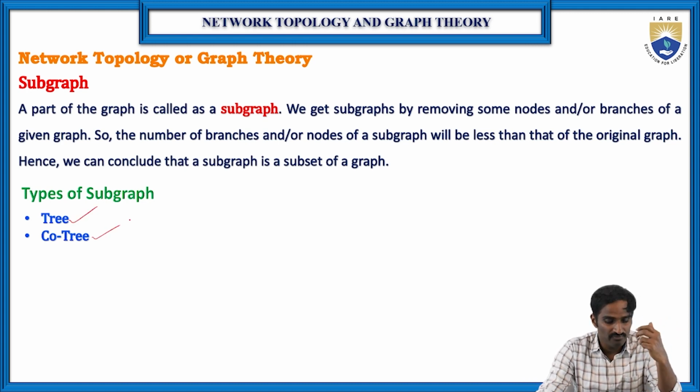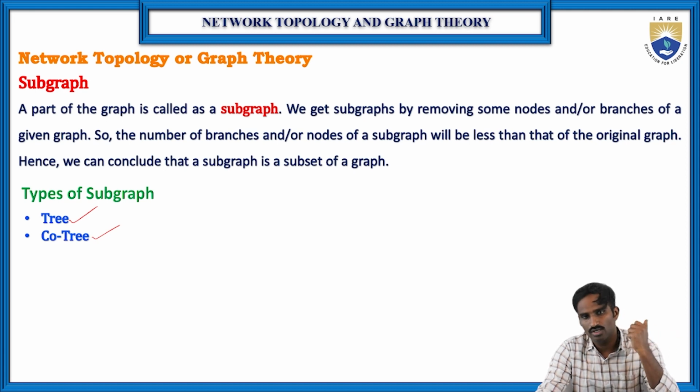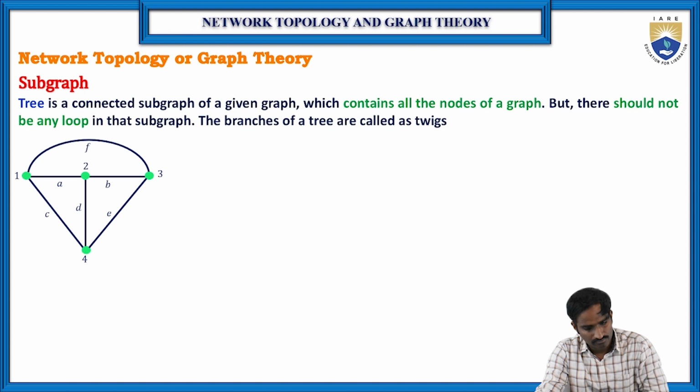For a particular graph we can get n number of subgraphs, but which of those are called trees and which are called co-trees, we will see here.